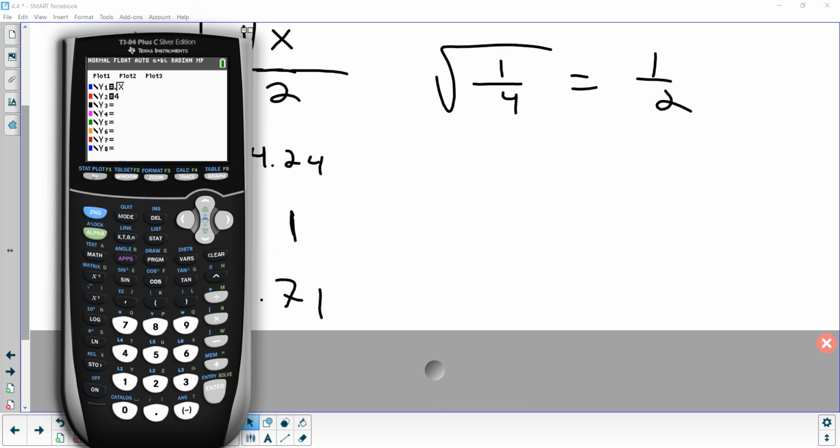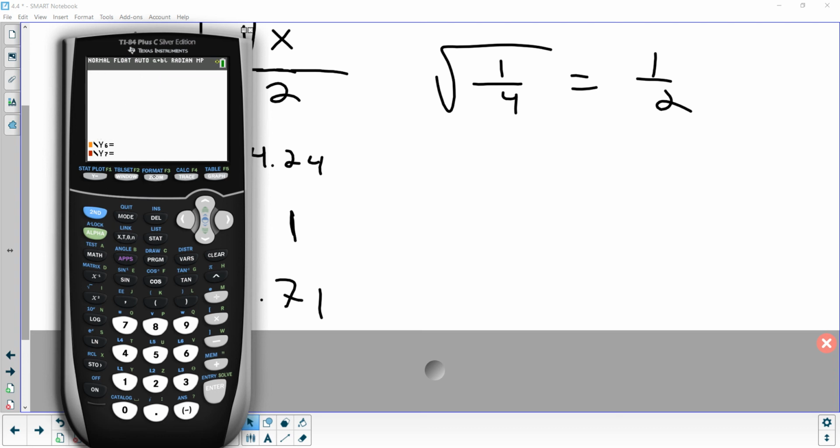You don't have a button on the calculator for anything above cube root. So if you want to type in a 4th root, you have to press 4, math, option 5. That's how you do a root other than 2 or 3. Put your index in, then go to math, option 5, and it'll change your index into a little number that looks like that.